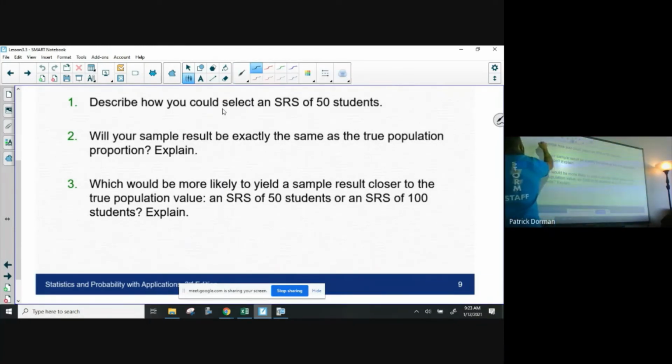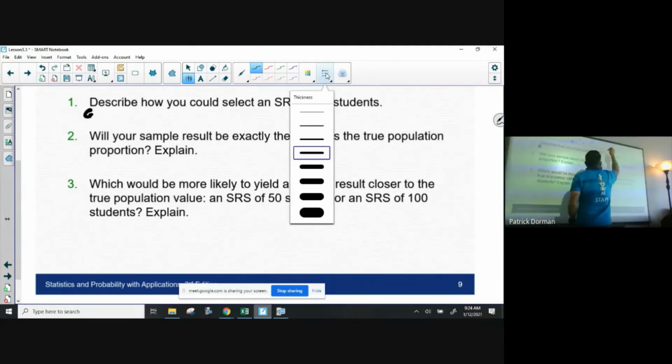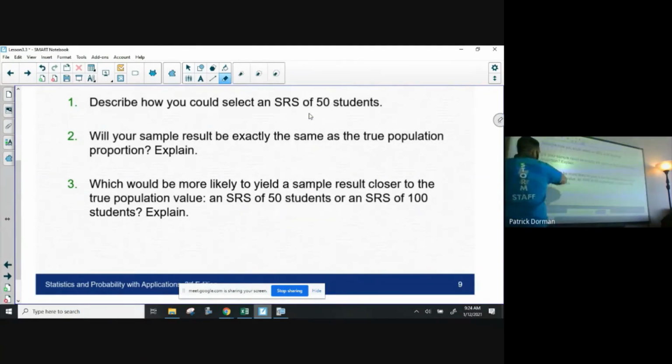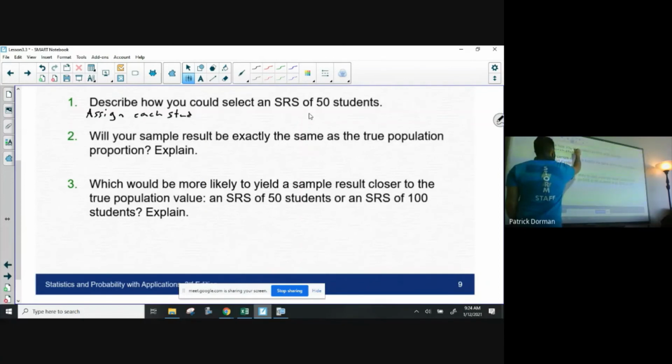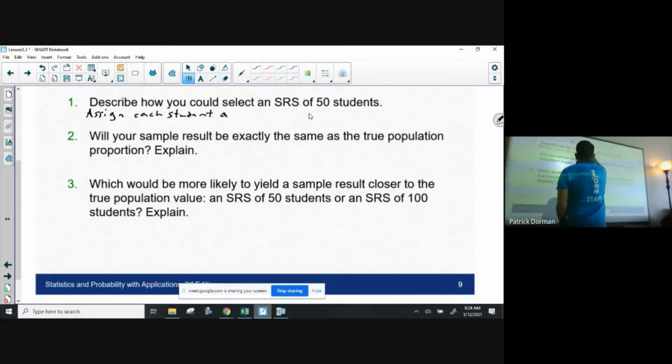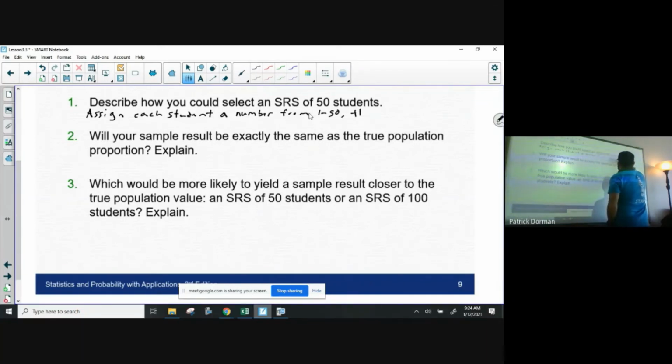And so I would assign each student a number from 1 to 50. Then use randInt.